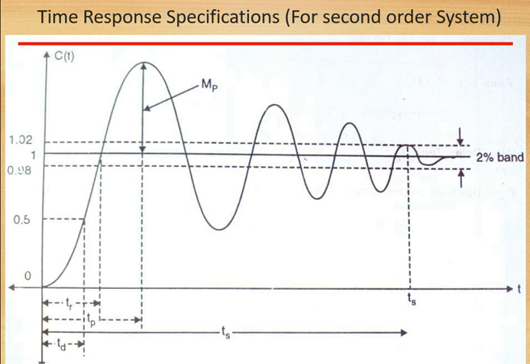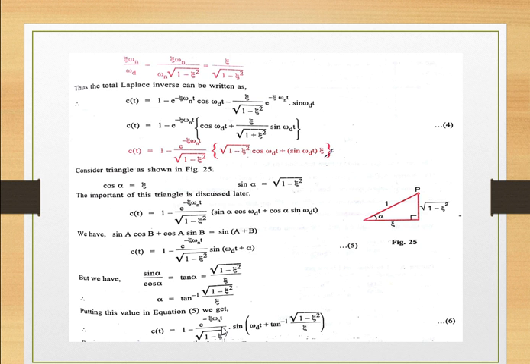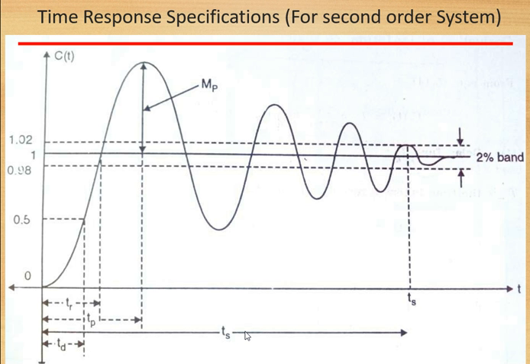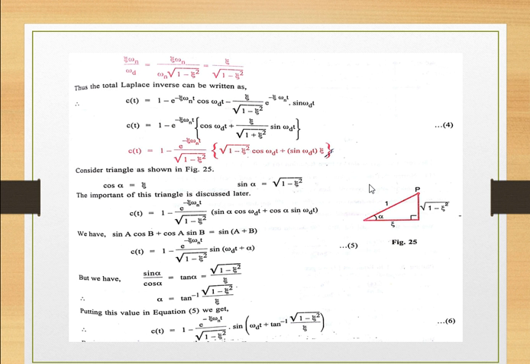This is the complete time response specification for a second order system for a unit step. This response is subject to this equation only. This diagram is obtained from this equation only, so that's why this equation is very important.